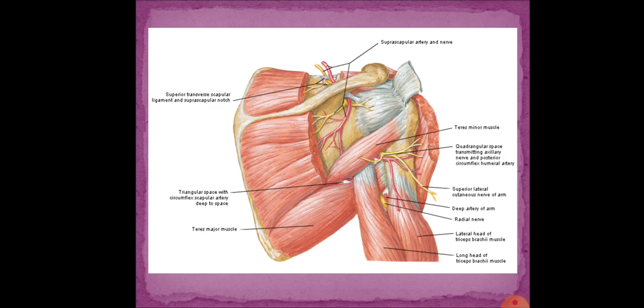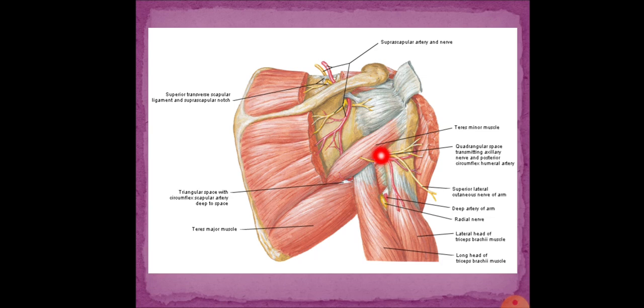Okay? We have another space here known as the quadrangular space. This quadrangular space is surrounded by teres minor, teres major, the humerus laterally, and the long head of the triceps medially.